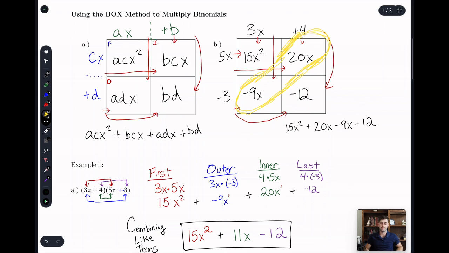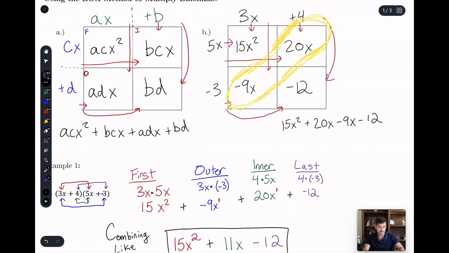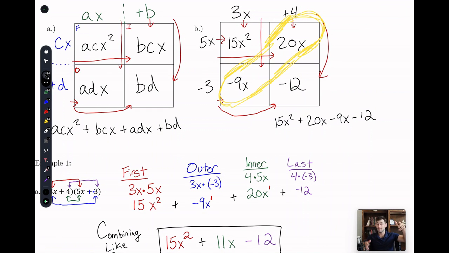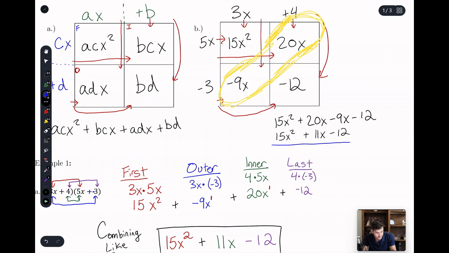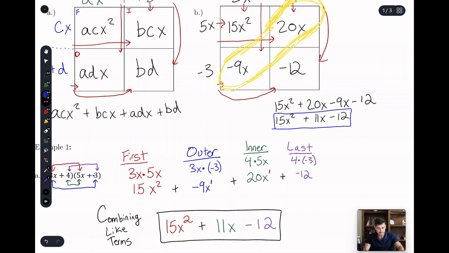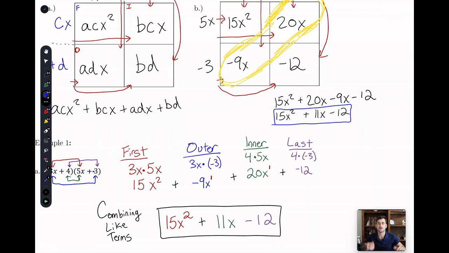Those two are going to be your combined like terms, that positive slope diagonal. So if we combine those two terms, 20x's minus 9x's, 20 cookies minus 9 cookies, gives us 11 cookies in the middle, and everything else stays the same. Let's double check and make sure we got the same answer both times. We did. We're good to go.